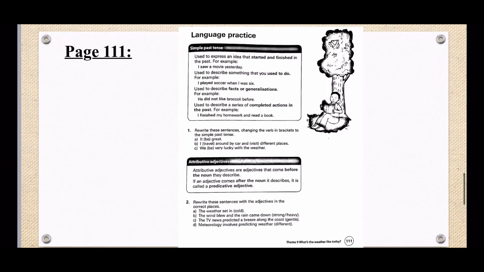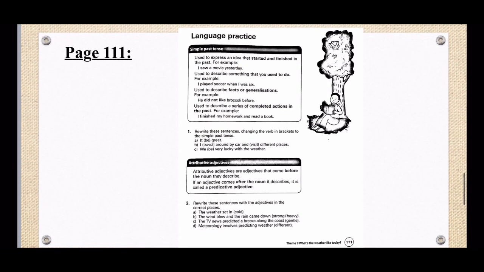Okay, so in your textbooks on page 111, we have the language practice. Those two blocks I've just written out in slides for you, so I went through that. And then we have our questions. I'll read through them with you quickly. Question 1 says, rewrite these sentences, changing the verb in brackets to simple past tense.